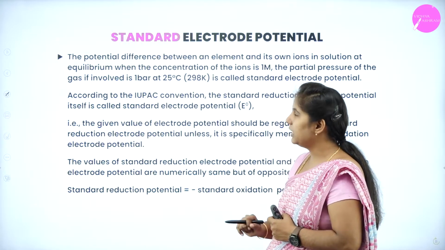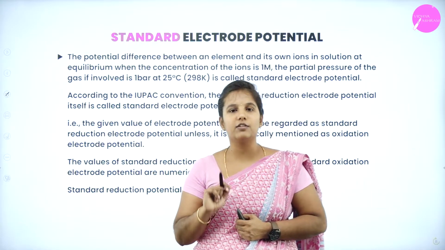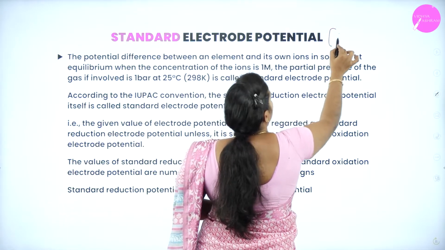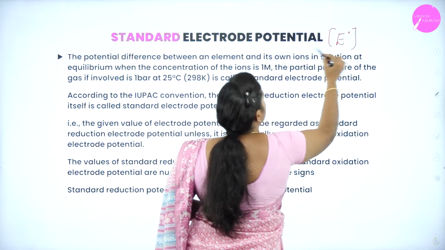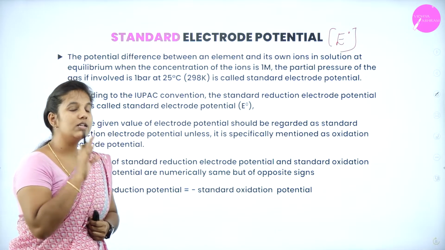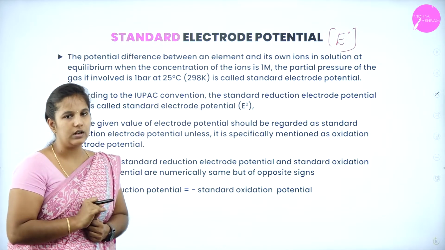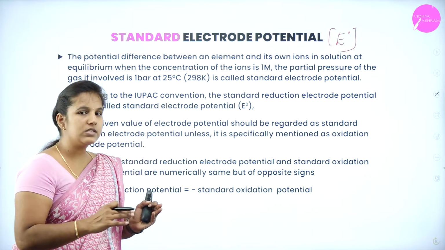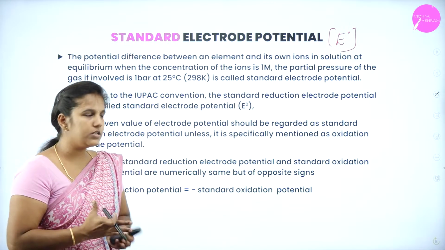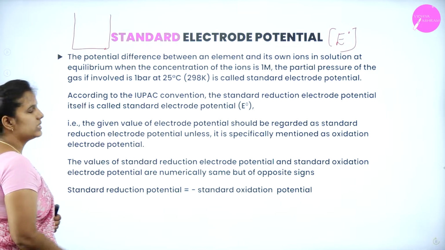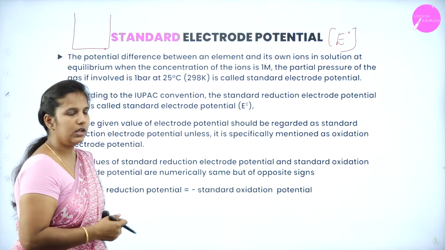Now let's see what is standard electrode potential, which is also known as E0. Already we have understood what electrode potential is. For standard electrode potential, you consider the same half cell or half cell reaction.